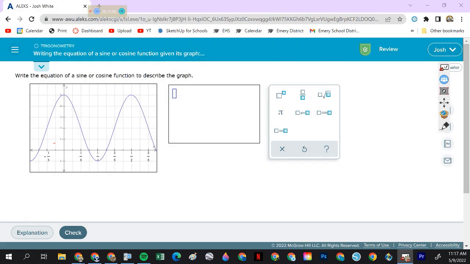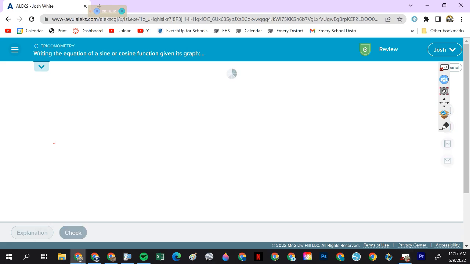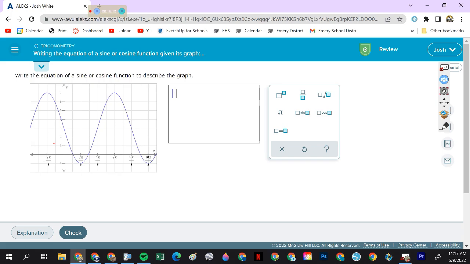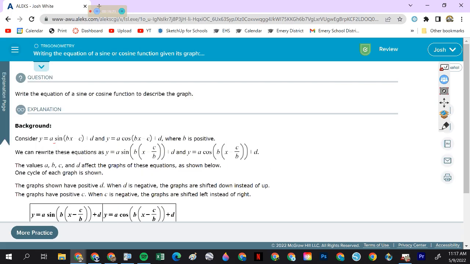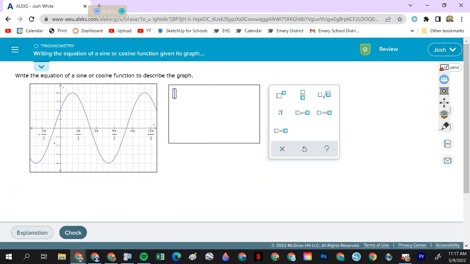Okay, now let's find another one that has a phase shift. Oh, shoot. That one would have worked, I think. Nope. Here we go. Okay, let's do cosine.